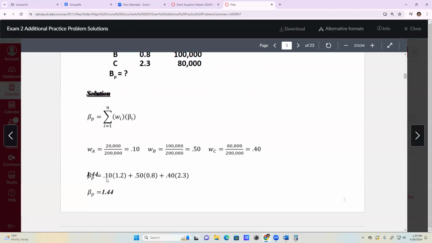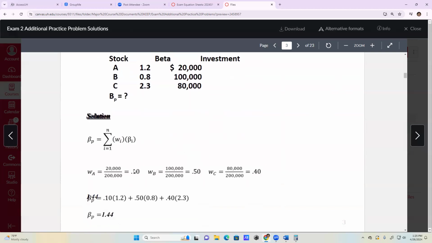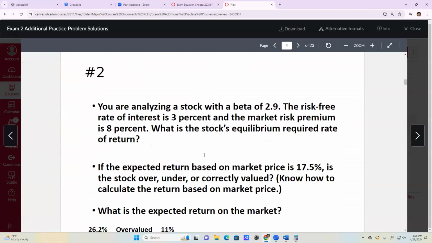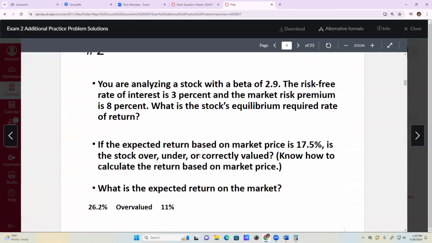You can see right here, 0.10 multiplied by 1.2, plus that multiplied by that, plus that multiplied by that. So looking at the solution, try to see the pattern: this is the weight, this is the beta of the first thing, the weight of the second thing, the beta of the second thing. See the pattern. If you want further explanation, I explain it in the video.